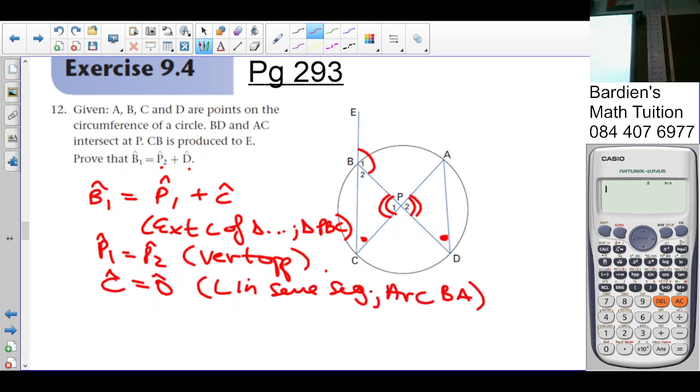So now you see that P1 is actually P2 and angle C is actually D. So in conclusion, therefore, angle B1 is equal to P2 plus angle D. And that's what they want.